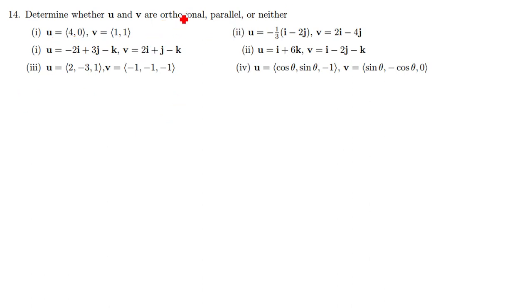To check whether these two vectors are parallel, for instance, U can be written as 4i plus 0j. Then V can be written as i plus j.